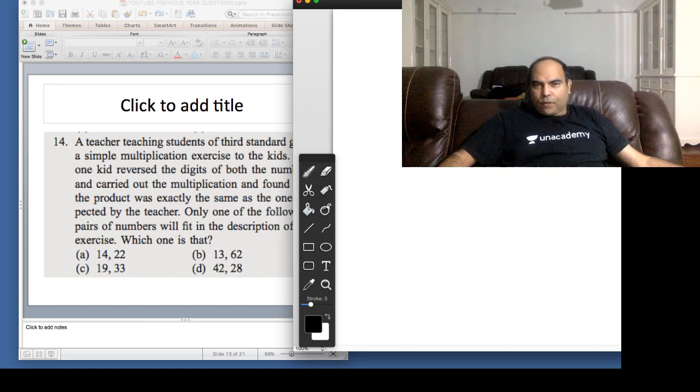When you're doing something like 42 into 28, this calculation has a lower limit of 40 into 20, and an upper limit of 50 into 30.